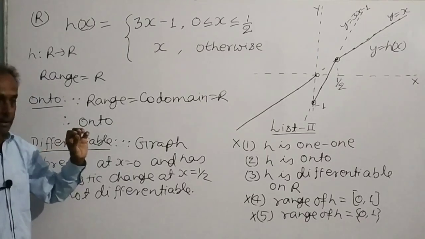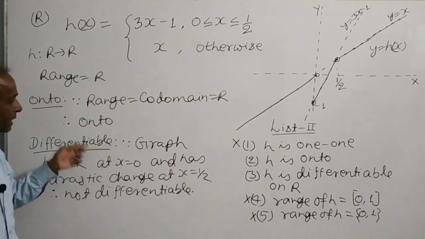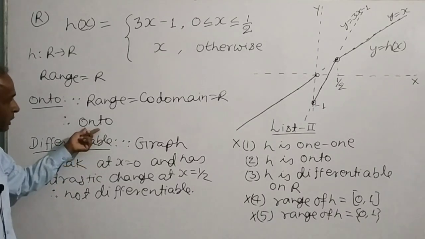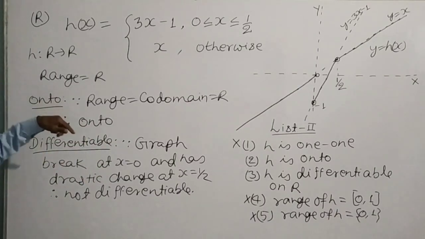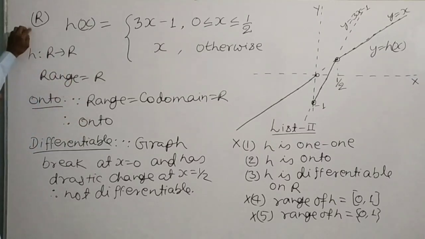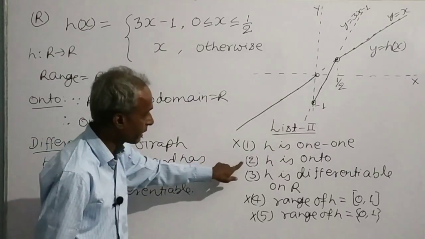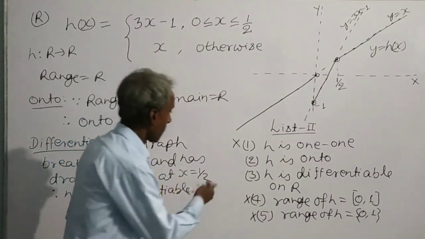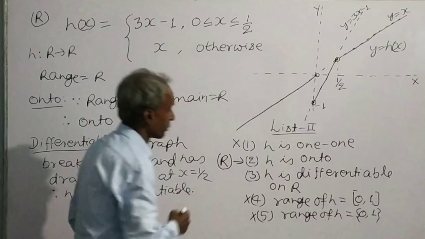When range is equal to codomain, then we say that the function is onto. Therefore, this function is onto. Therefore, we will match this entry R with this entry 2.